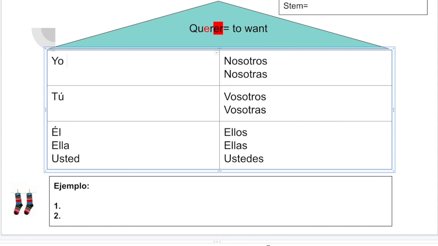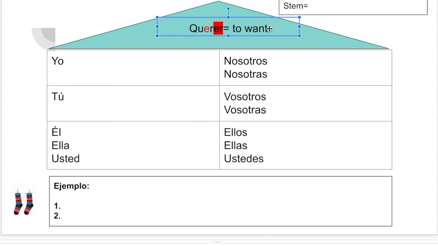Okay. Now, querer. And please pay attention to this because this is totally new for you. So, querer is an IE verb too. It means to want. Why is it an IE verb? Because we have an E here and we have to add an I before the E. And it is an ER verb.